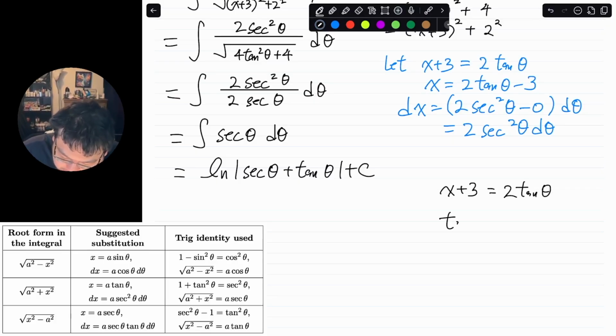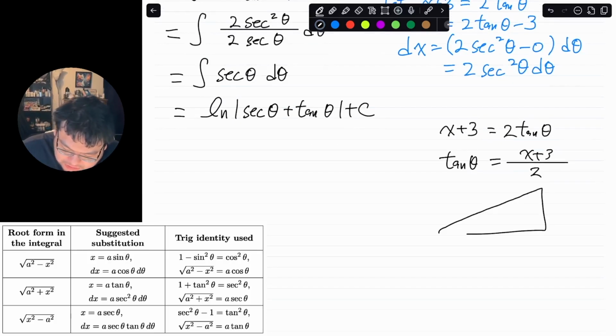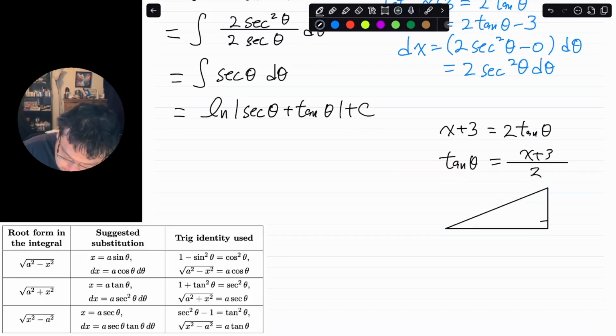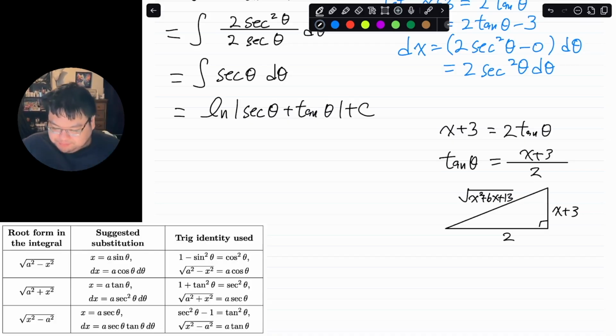So what is tangent theta? That will be x plus 3 divided by 2. So using SOHCAHTOA, this side is x plus 3 and this side is 2. So using Pythagoras theorem, we know that the hypotenuse will be the square root of x squared plus 6x plus 13.